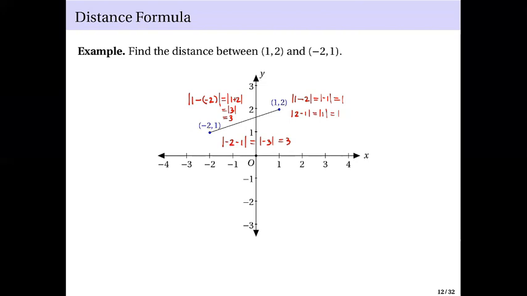So we go back. We now obtain this 3 and this 1 using only the coordinates. The x value here and x value here, you subtract, you get the absolute value. The y value here and the y value here, you subtract, and then you get the absolute value.